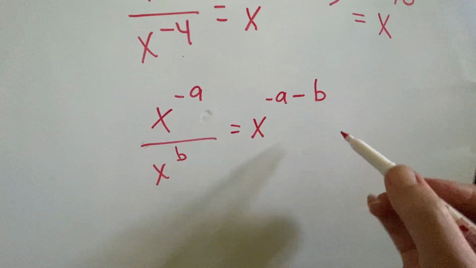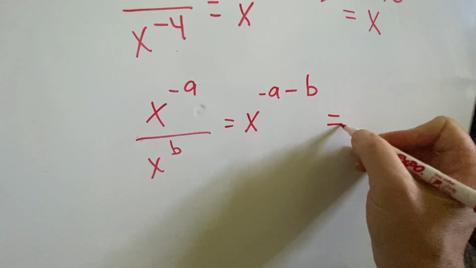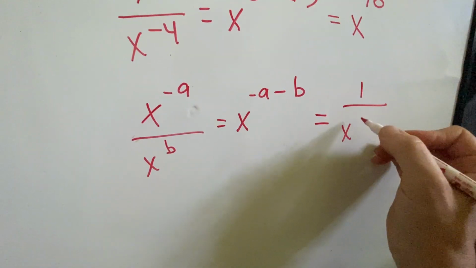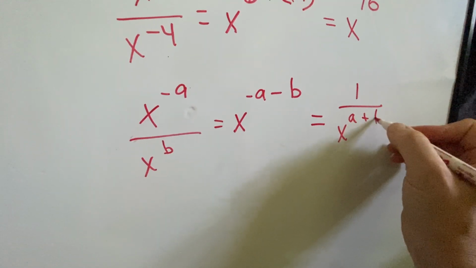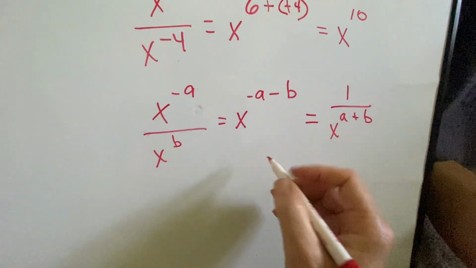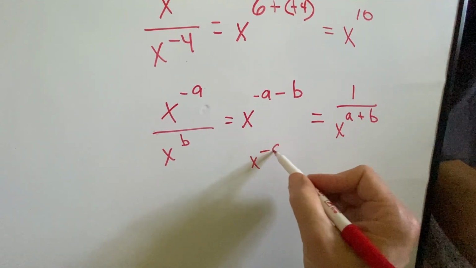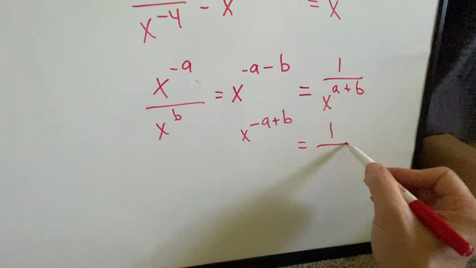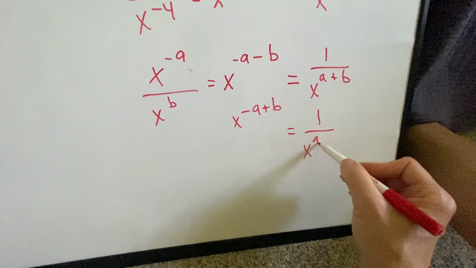But let's say they wanted you to write it in the denominator. Well, then all of these that are negative are going to become positive, okay? So if this would have been x to the negative a plus b, then when you switched it, it would have been 1 over a minus b.